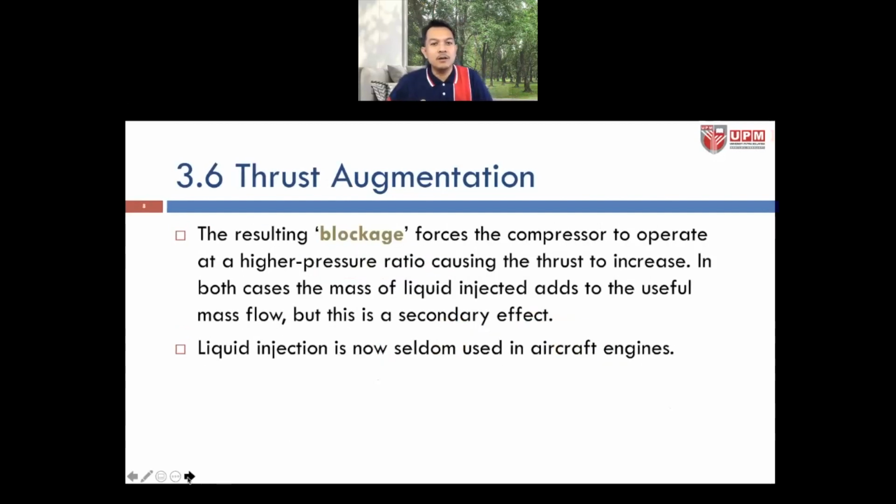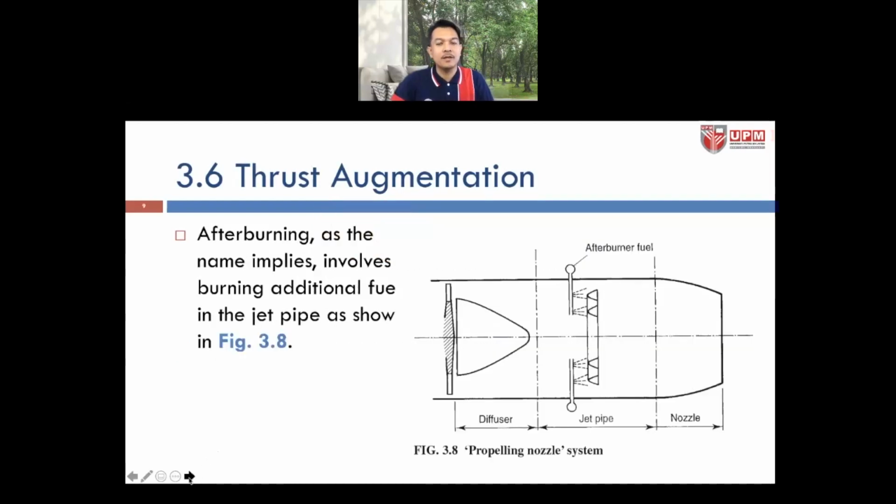The resulting blockage forces the compressor to operate at a much higher pressure ratio, causing the thrust to increase. In both cases, the mass of liquid injected adds to the useful mass flow, but this is a secondary effect. Liquid injection is now seldom used in aircraft engines.